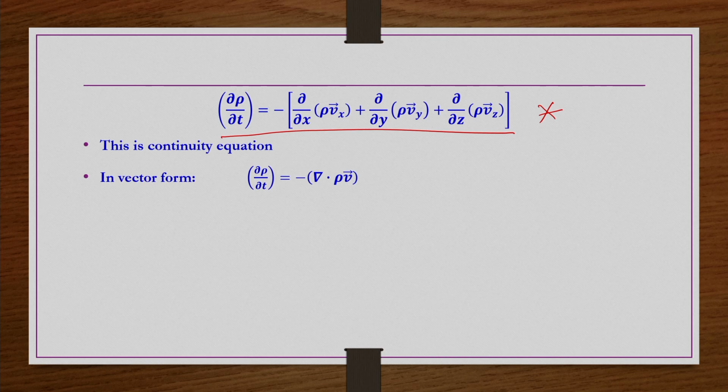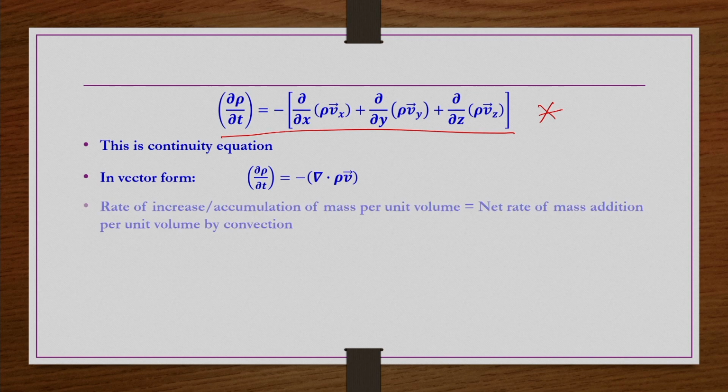In vector form, the same equation we can write as ∂ρ/∂t is equal to minus del dot ρv. What does it indicate? The rate of increase or accumulation of mass per unit volume is nothing but the net rate of mass addition per unit volume by convection.